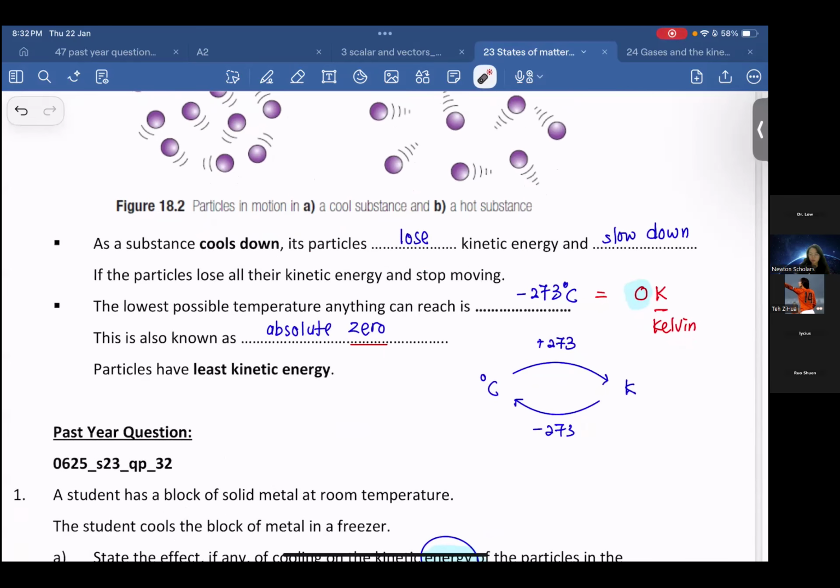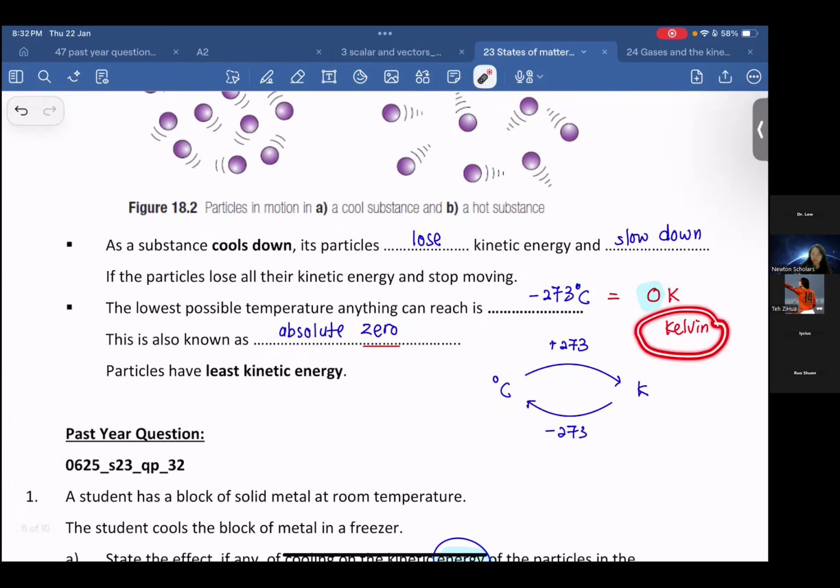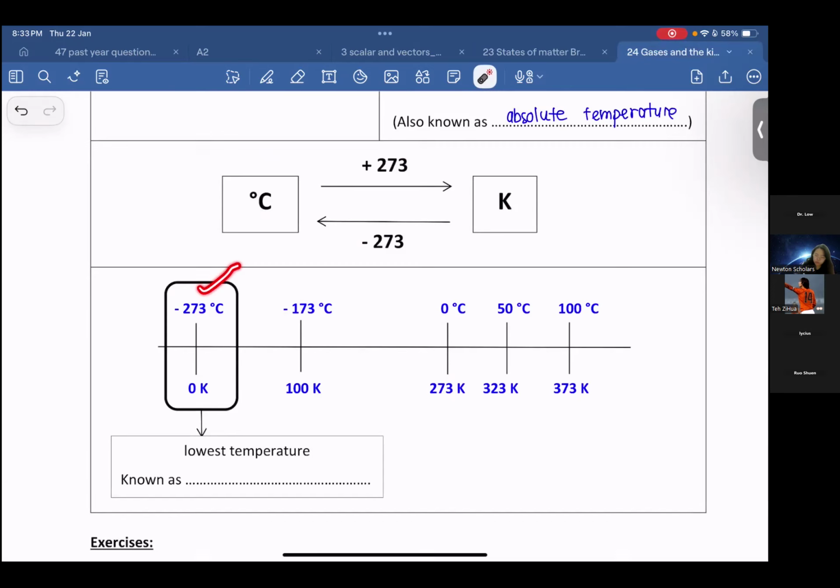This temperature is known as absolute zero because in Kelvin it is 0 K. So temperature in Kelvin is called absolute temperature, and 0 Kelvin is called absolute zero. So negative 273 is the lowest possible temperature, known as absolute zero. My dear, write down.